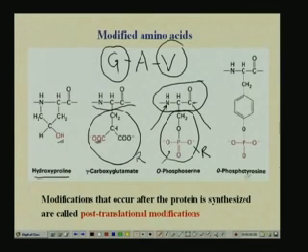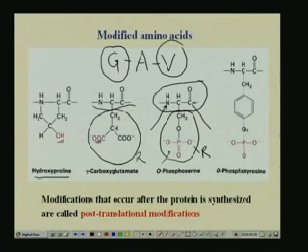We can have phosphotyrosine. Tyrosine, remember, is one of the aromatic amino acids that we studied the last class. What are the other two? They are phenylalanine and tryptophan. Okay? And so what do we have here? Instead of the OH that we would have for tyrosine, we have the phosphate attached to it. So it is now phosphotyrosine.